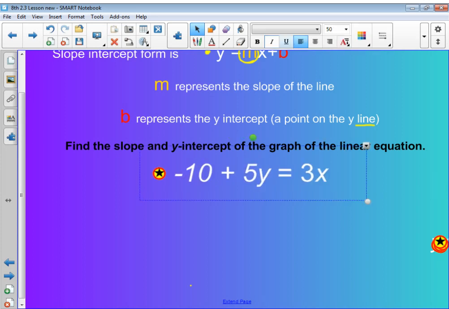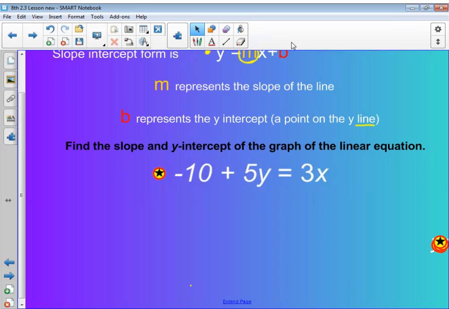Okay, so I want you to go ahead and pause your video and work your way through this one, and then you can start the video back up once you're done and check. So you're going to go through and isolate for y, so solve for y, and then identify which of your numbers is the slope and which is the y-intercept. You can pause your video now.